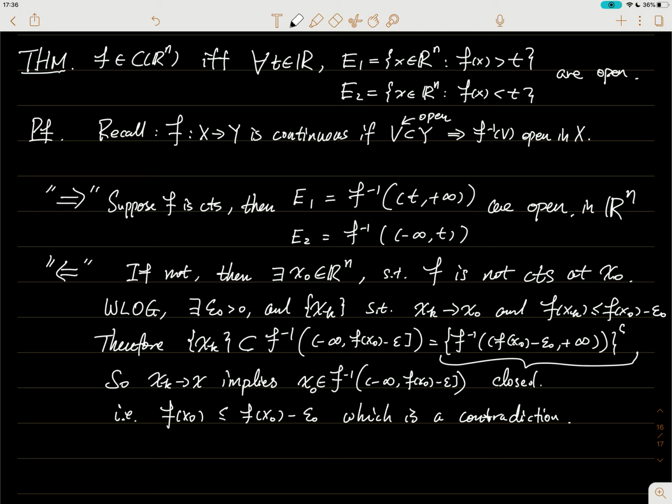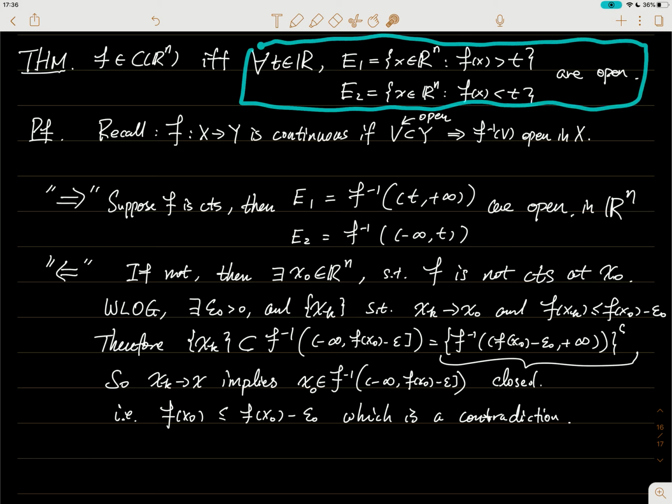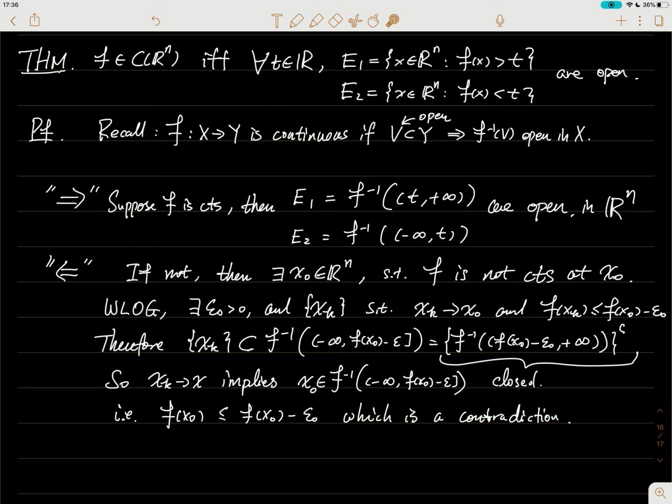On the other direction, suppose we have the right hand side here. Suppose we know that for every t, these two sets are open, and I want to show that the function f is continuous. Okay, so suppose not. If not, then f is not continuous at at least one point.